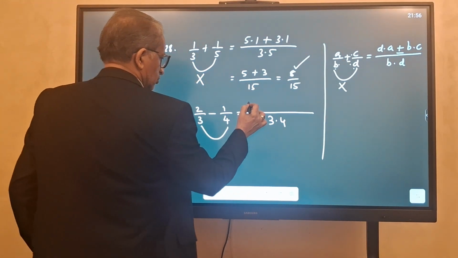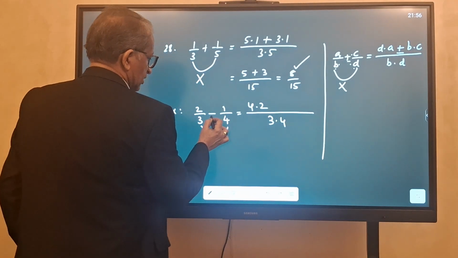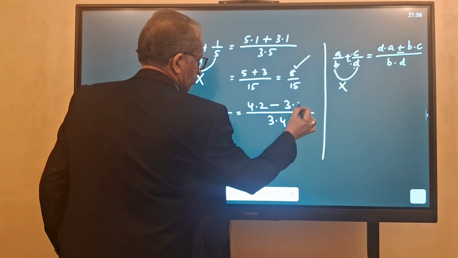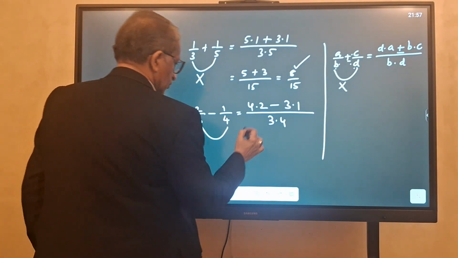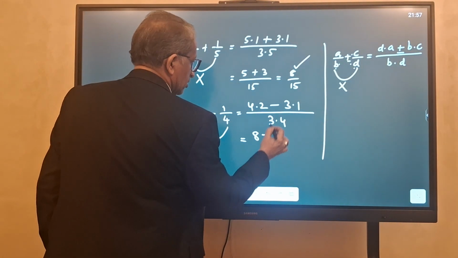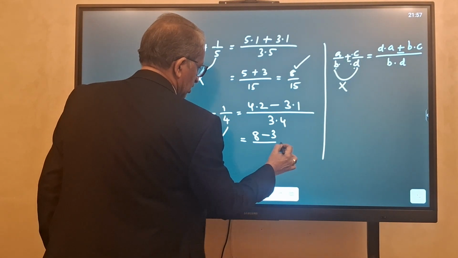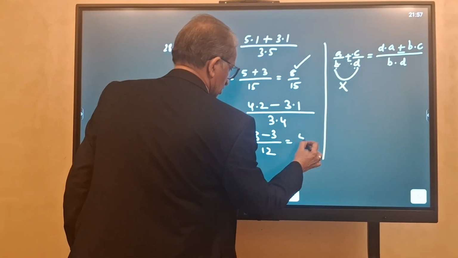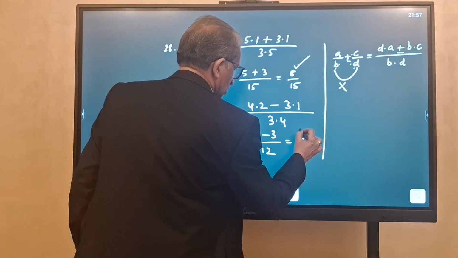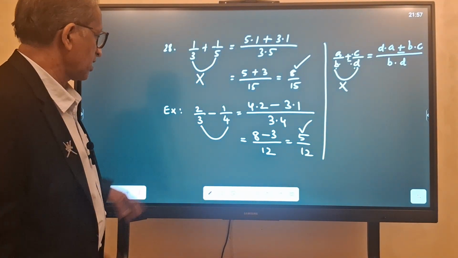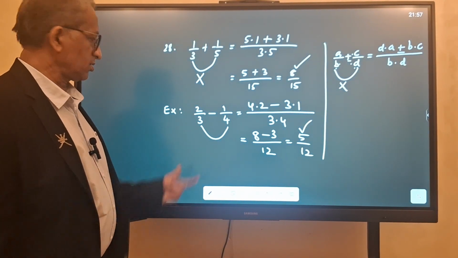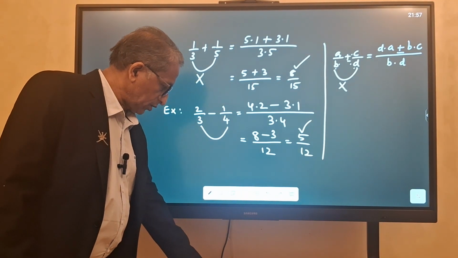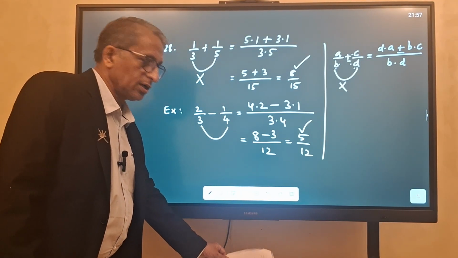Then 4 into 2, cross multiply. The sign is minus, 3 into 1, cross multiply. So 4 into 2 is 8, 3 into 1 is 3, and the denominator is 12. So the answer is 5 by 12, the subtraction of these two fractions where the denominators are different. You can do the remaining questions in the same way.